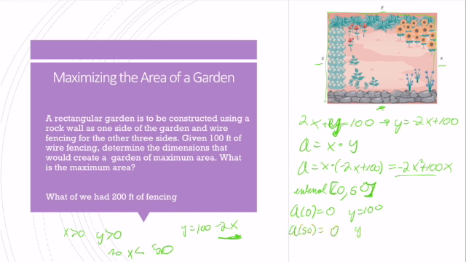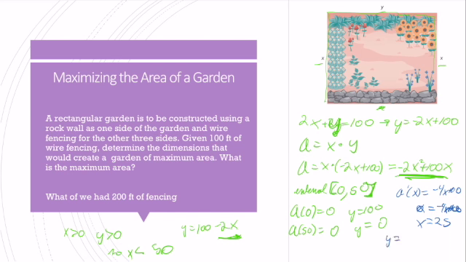Now I need to find our critical points. And I do that by taking the derivative. So I'm going to take the derivative of this function here. I have A prime of x equals negative 4x plus 100. So if I set that equal to 0 and solve for x, I get x equals 25. So when x equals 25, y equals 100 minus 2 times 25, which gives us 50.